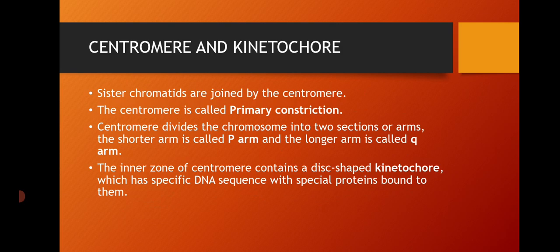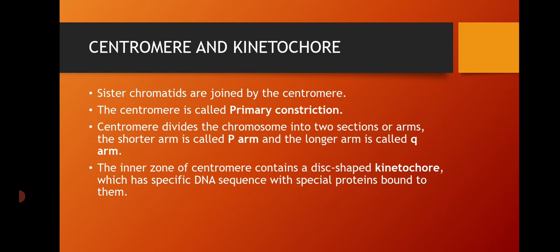Sister chromatids are joined by the centromere. The number and position of the centromere differ in different chromosomes. The centromere is called the primary constriction. The centromere divides the chromosome into two sections or arms.